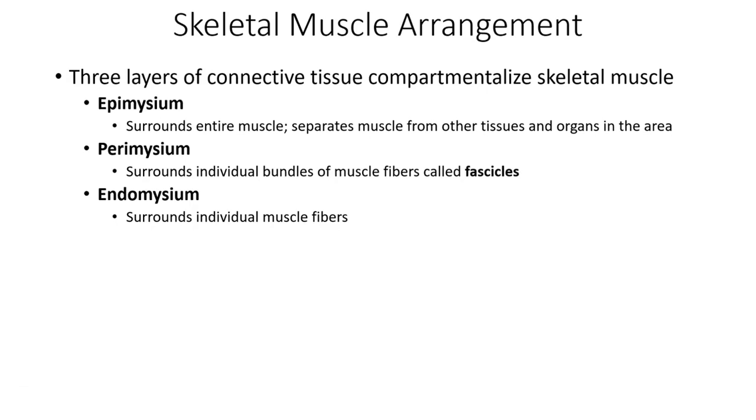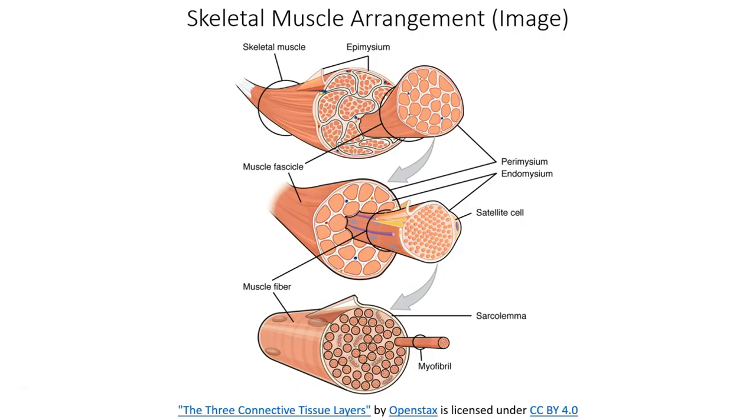The next layer is the perimysium. This is going to surround individual bundles of muscle fibers that are called fascicles. I have an example of that in a minute. And then the endomysium is going to surround the individual muscle fibers themselves. So we're just increasing in what these layers of connective tissues are holding together.